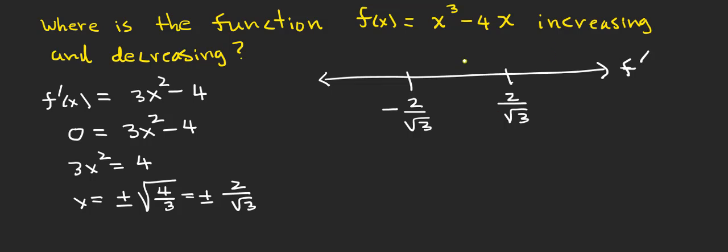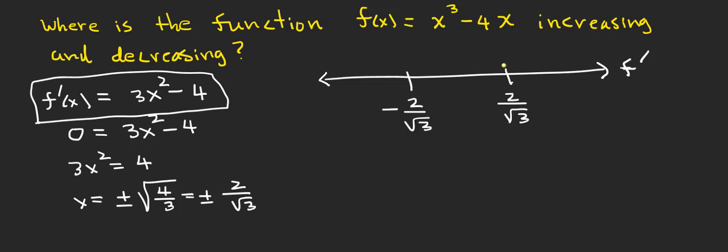Now what we need to do is plug in values to f prime and see whether f prime is positive or negative. What would be a good number to choose from here? 10. Let's plug in 10. Make sure you plug it into f prime, not f, because this is an f prime chart.